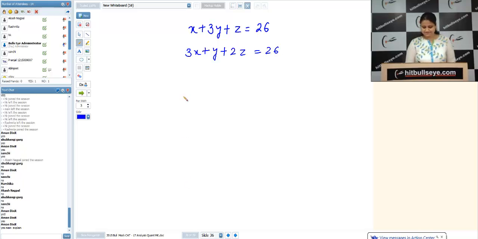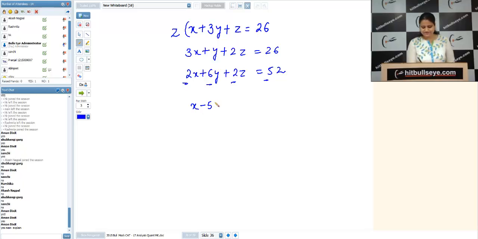I am eliminating z, so I am multiplying the first equation by 2. I get 2x plus 6y plus 2z is equal to 52. Now taking subtraction, I get x minus 5y is equal to minus 26. So 5y minus x is equal to 26.